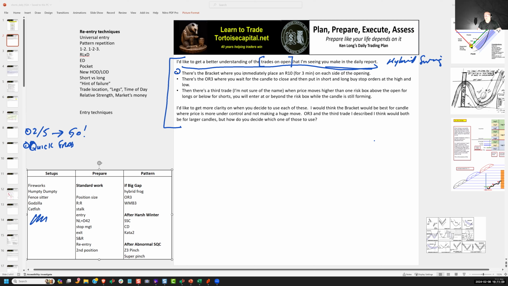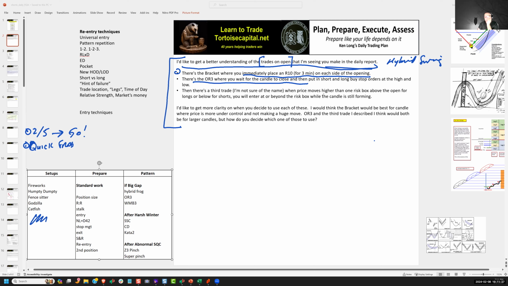There's a bracket where I immediately place an R10 on each side of the opening, then take the first breakout. There's an OR3 where we wait for the 3 minute candle to close, then put in basically a bracket around that and take the first breakout from the opening range 3.